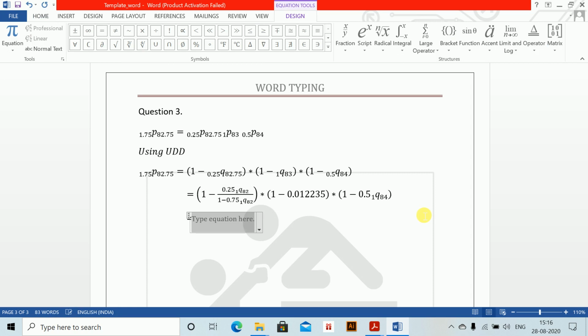Now we have to just put the values. 1 minus 0.25 into 0.11279 divided by 1 minus 0.75 into 0.11279.